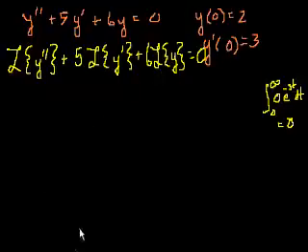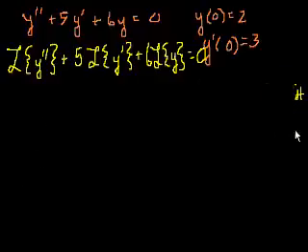Well, this is where we break out one of the useful properties that we learned. Let me write it over here because I'll need as much real estate as possible.